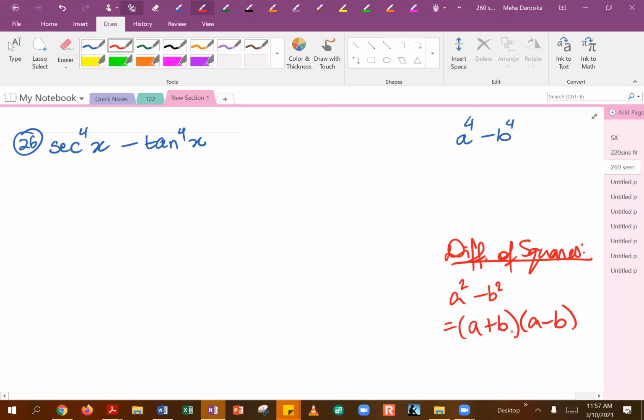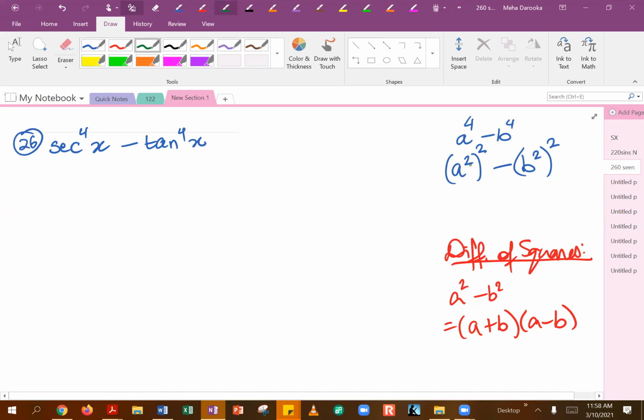So we can use this concept of factoring from the difference of squares. What you're going to do is rewrite your a to the fourth power as a to the second power, and then put a 2 on the outside, because we know 2 times 2 is 4. Same thing with the b to the fourth power, b to the second power with the 2 on the outside.